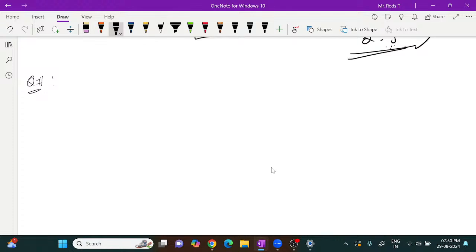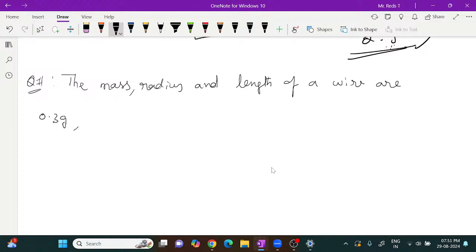The question is: the mass, radius and length of a wire are 0.3 gram, 0.5 mm and 6 centimeters respectively.